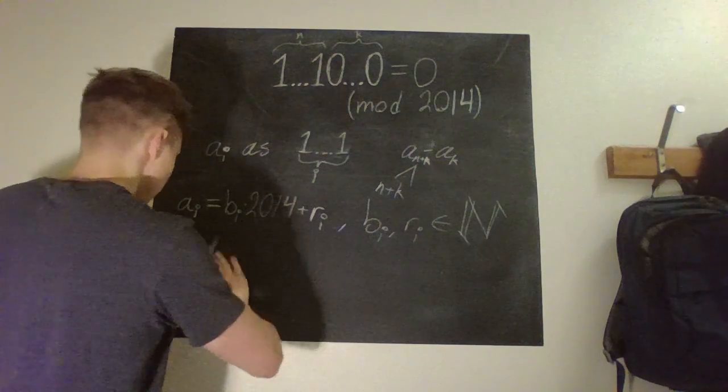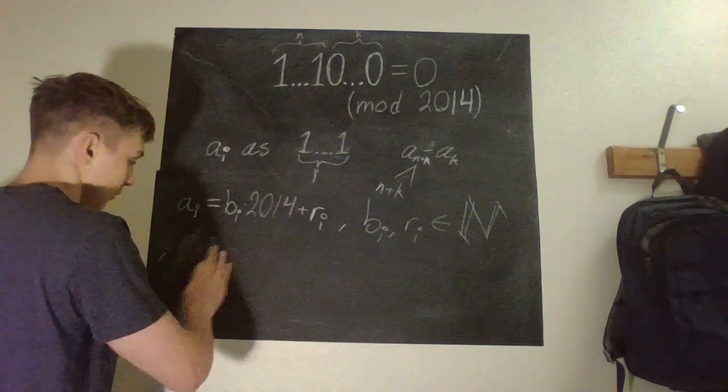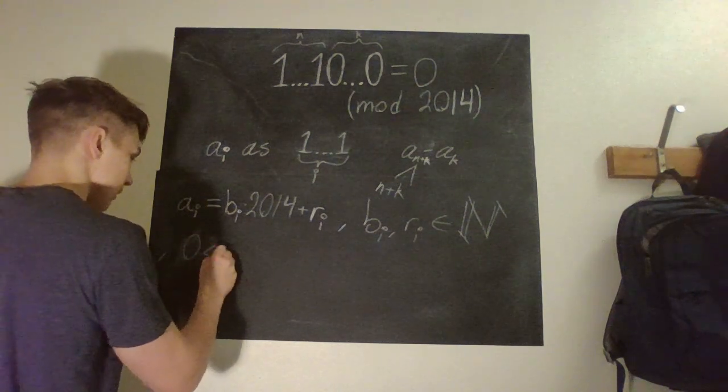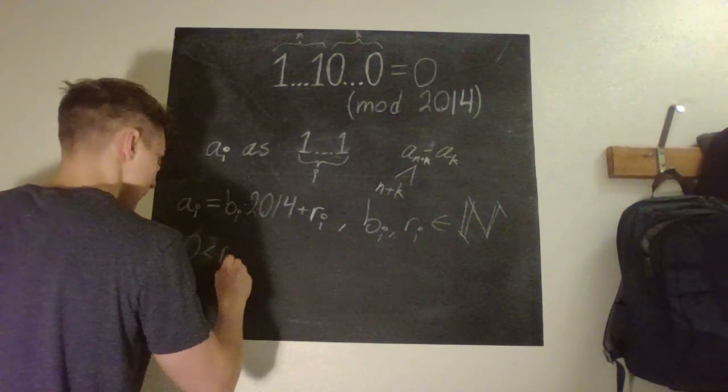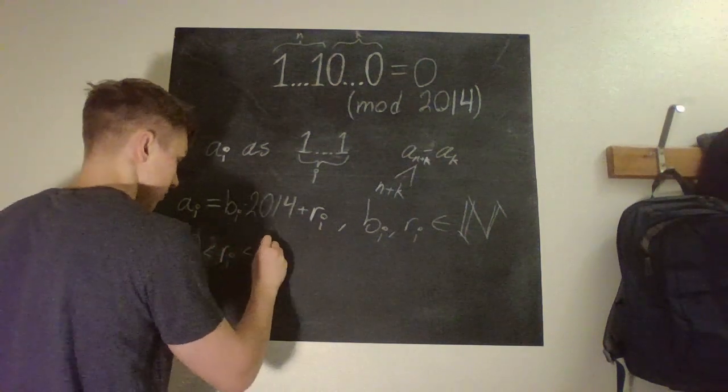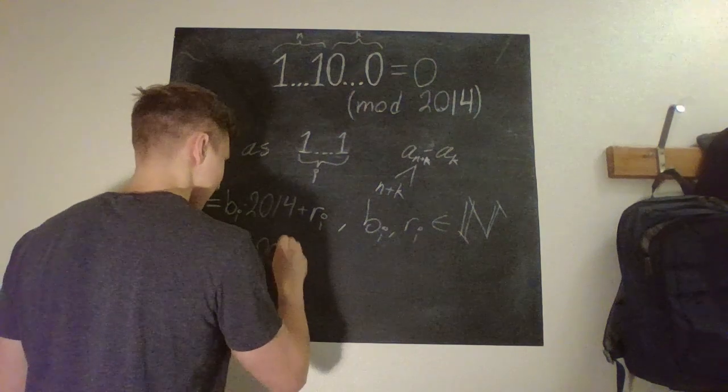Oh, sorry, we can actually disregard 0, because if it's 0, then it's already divisible. So it's greater than 0, and it's smaller than 2014, because then it would also be divisible.